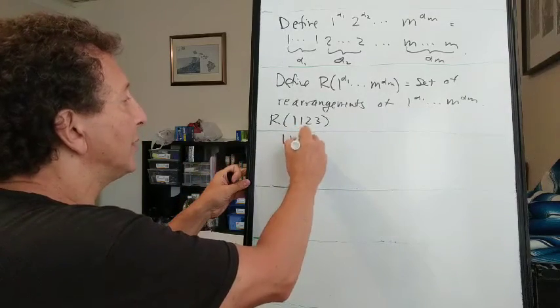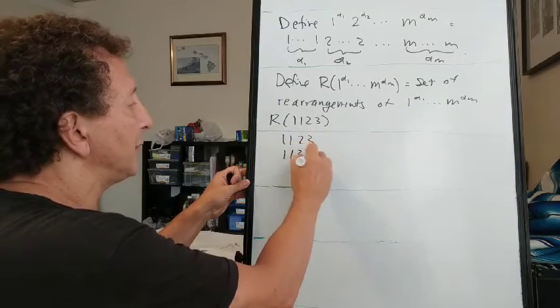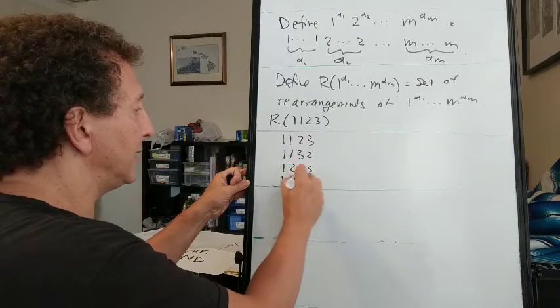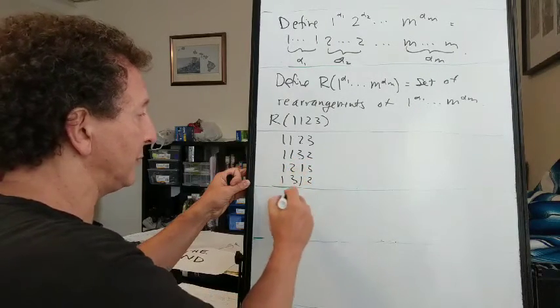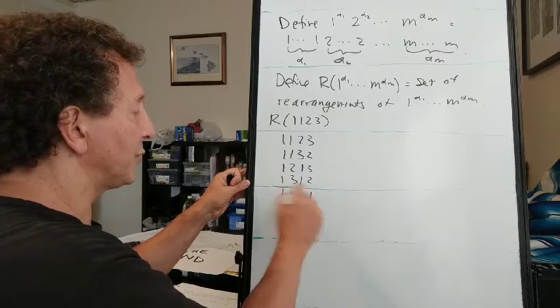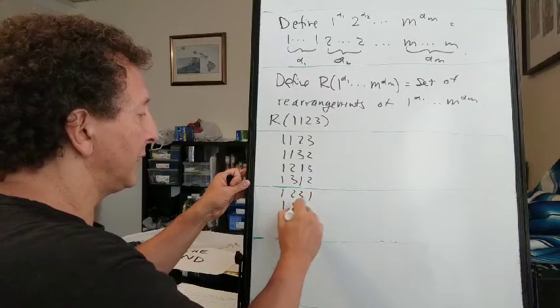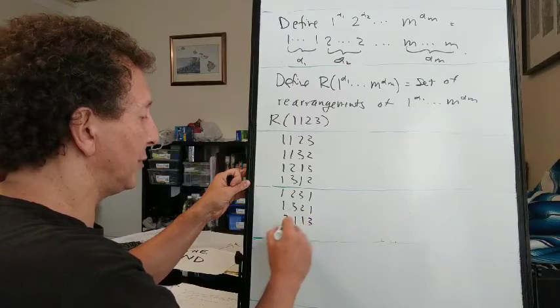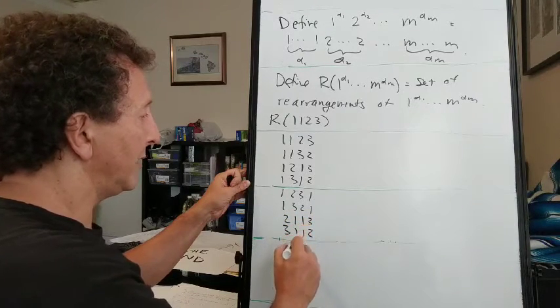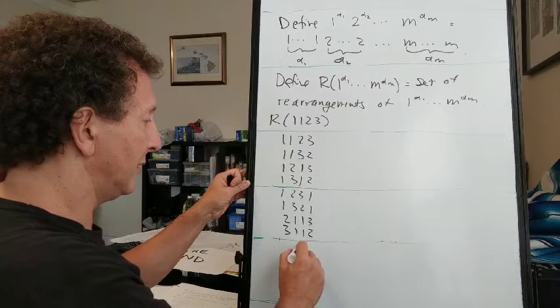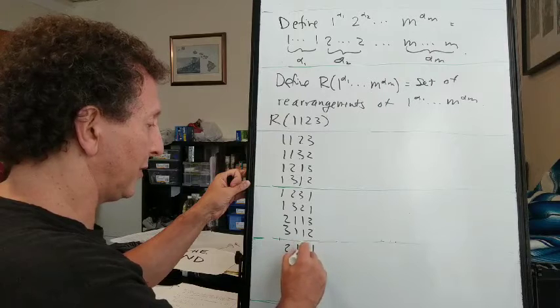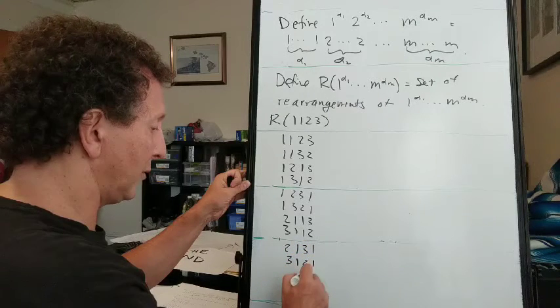So we have 1 1 2 3, 1 1 3 2, 1 in positions 1 and 3, 2 3 3 2, 1 in positions 1 and 4, 2 3 3 2, 1 in positions 2 and 3, 2 3 3 2, and we've got 2 more positions of 1s to go, 2 and 4 or 3 and 4.